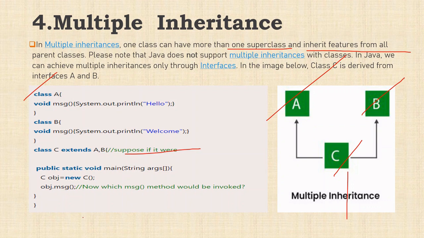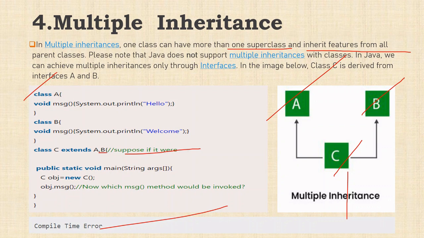We'll get a compile time error. So it is not possible in Java with the help of classes. This concept we can't implement in Java. If we try to do it, we will get the compile time error.